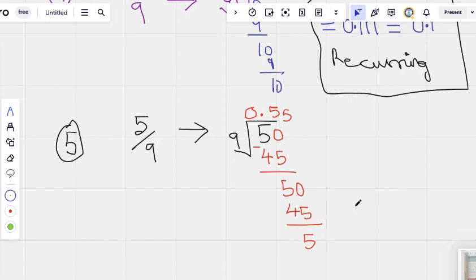But in a nutshell, this is a recurring decimal. You're going to get 0.5555555.